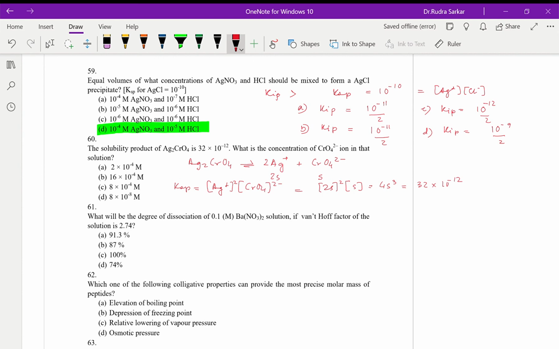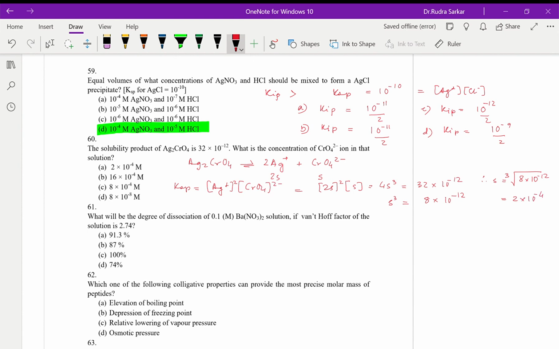So that is going to come out to be 8 into 10 to the power minus 12, that is S cube. So therefore we can say S is the cube root of 8 into 10 to the power minus 12, which should come out to be 2 into 10 to the power minus 4.